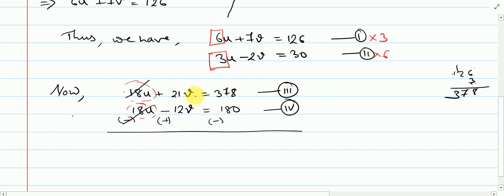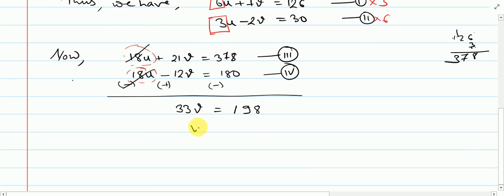Here plus 21v and here plus 12v. You have to add 21 and 12. So we will get 33v, and here 378 minus 180. So you get 8, and from 17, 8 goes, you are left with 9, and from 2, 1 goes, you are left with 198.